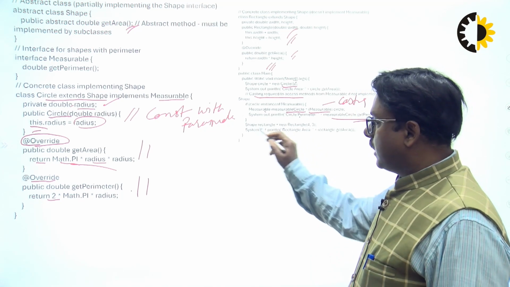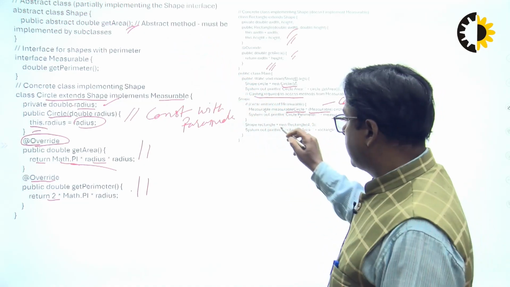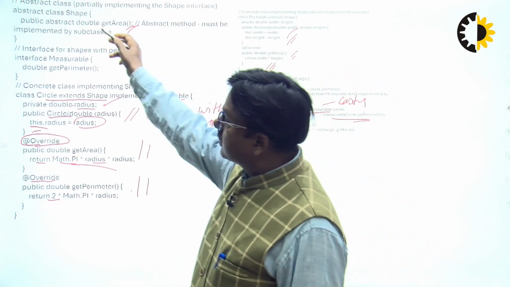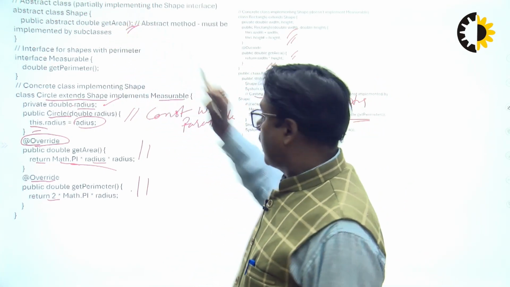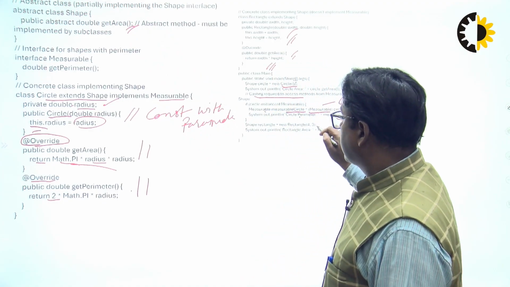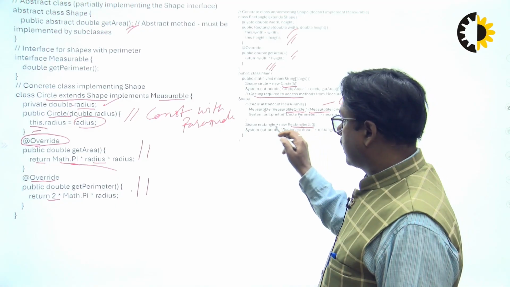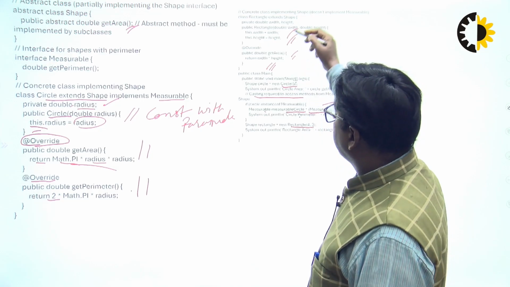Similarly, Shape rectangle means a Shape object has been created here, new Rectangle, here without parameters, and now we are passing two parameters. The Rectangle class has been declared here.